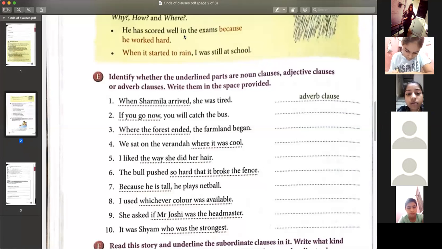Excellent. The answer is adjective clause. So hard, it is telling you how hard the bull has pushed. Because he is tall, he plays netball.